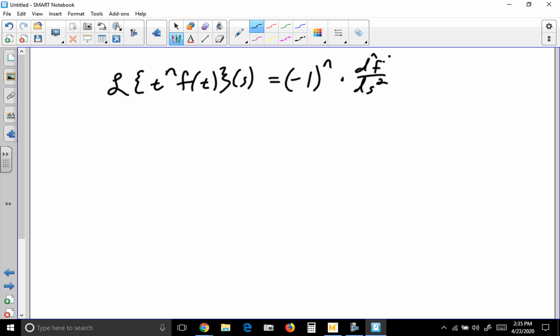This big F is a transformation of little f. So if we know this function and know how to transform it to get the transform of this product, we take the transform of f, and whatever this exponent is, we take that many derivatives of that original transform, and then we multiply it times negative 1 to the n power. And that's a transform to the s domain.